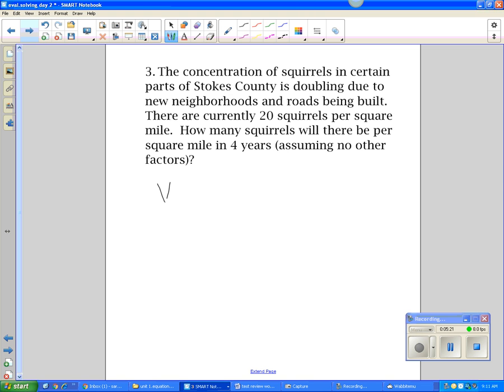Good. Monica, what do you think our y equals is going to look like for this one? Nope, so that's saying in 4 years. What's happening to the 20 squirrels? What does it tell you about the 20 squirrels? What's happening to them?